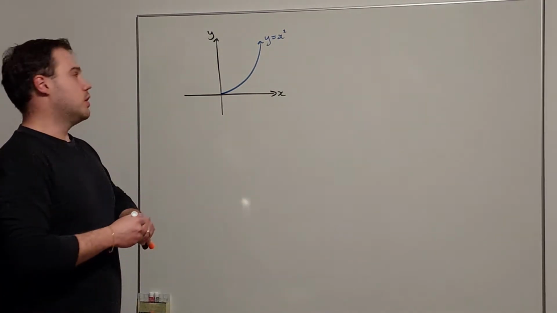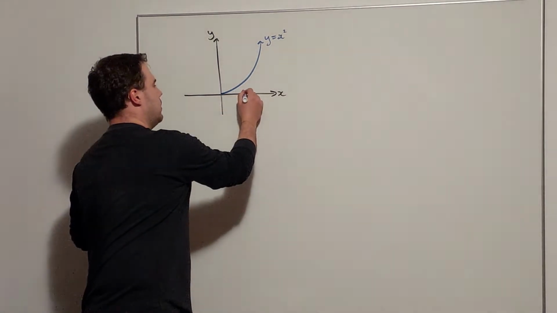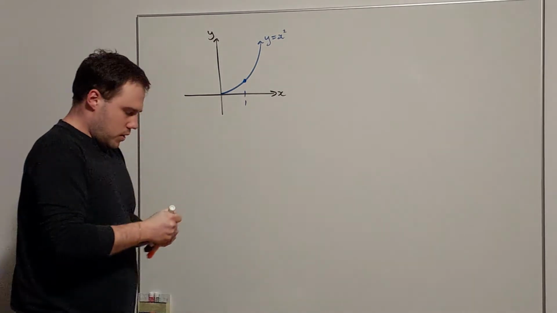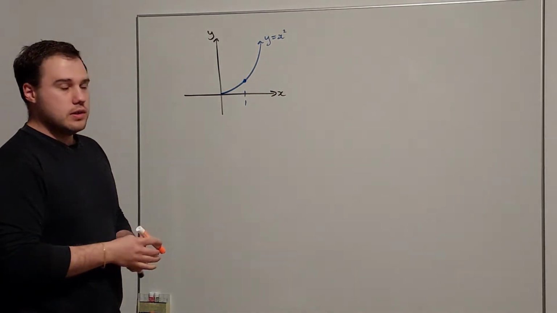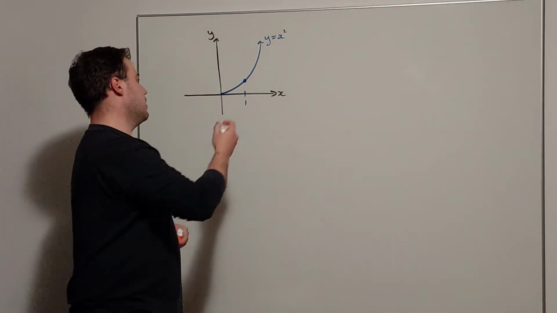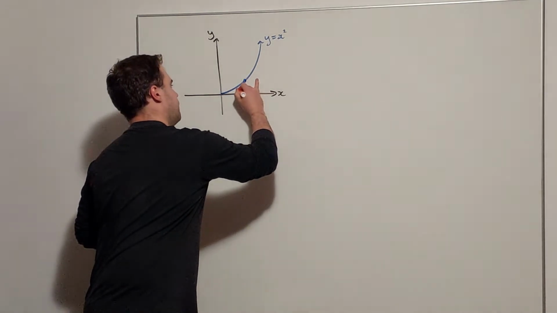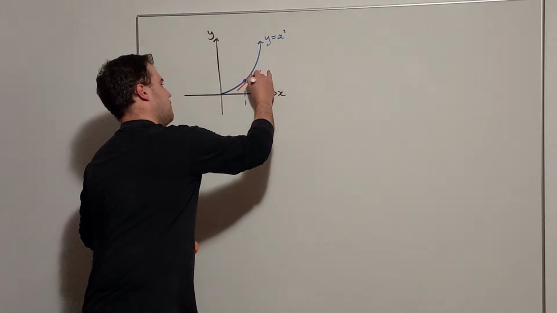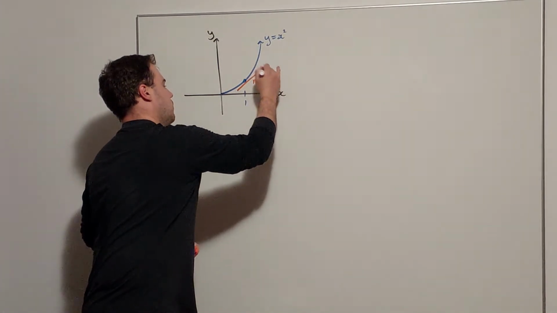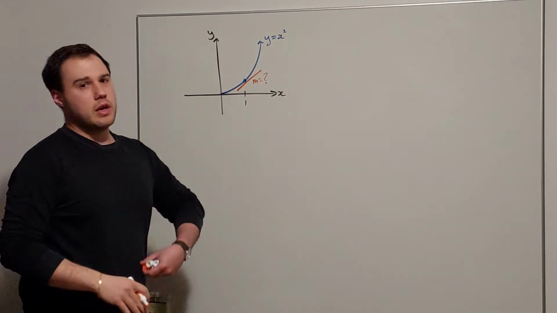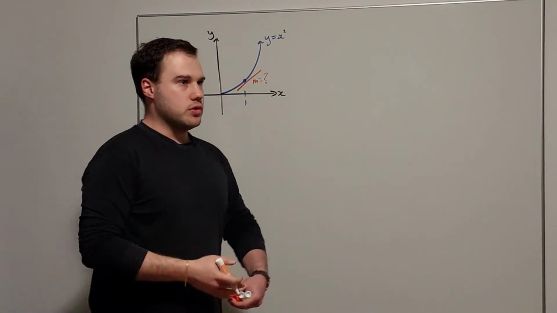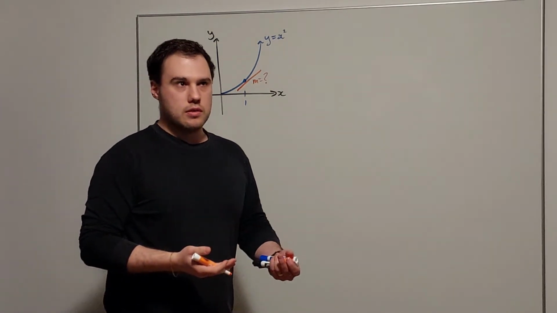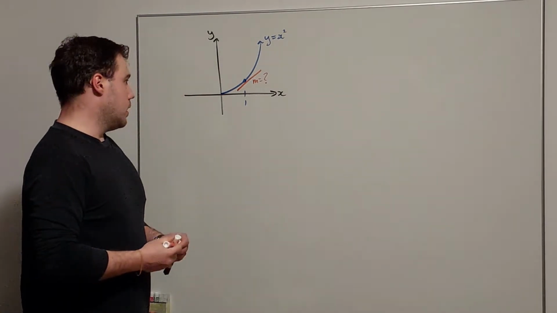So suppose we want to know, at say the x value of 1, what is the slope or the gradient of the tangent at this particular point, right? So again, like in the previous video, that would be the speed that the speedometer is reading on the car.